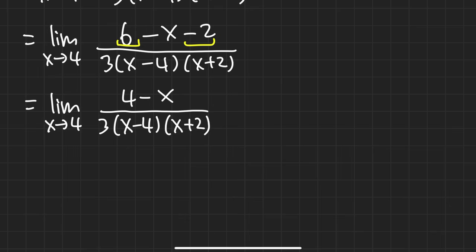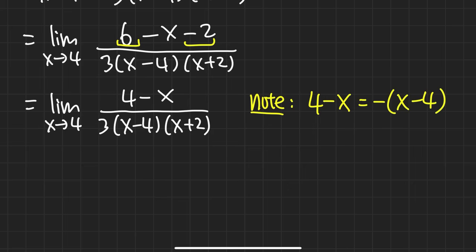On the top we have 4 minus x. On the bottom we have x minus 4. We cannot cancel them out. They are not exactly the same yet. But this is what we can do. Note that when we have 4 minus x, we can rewrite it as negative, and then change the order of the subtraction, like this. Why?